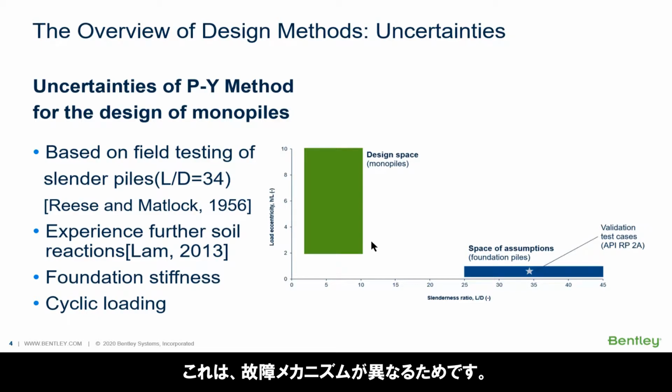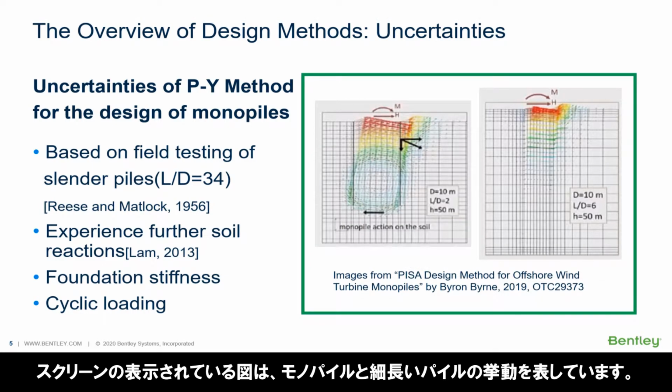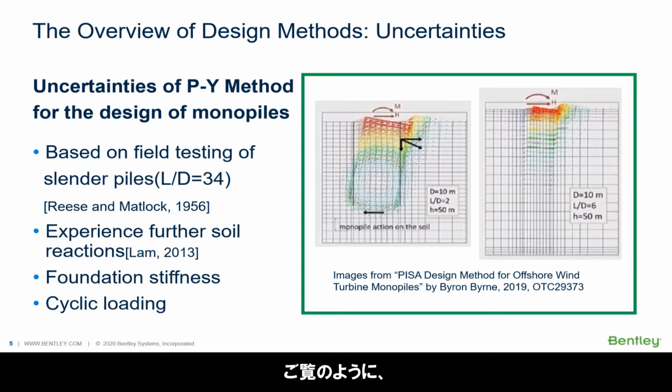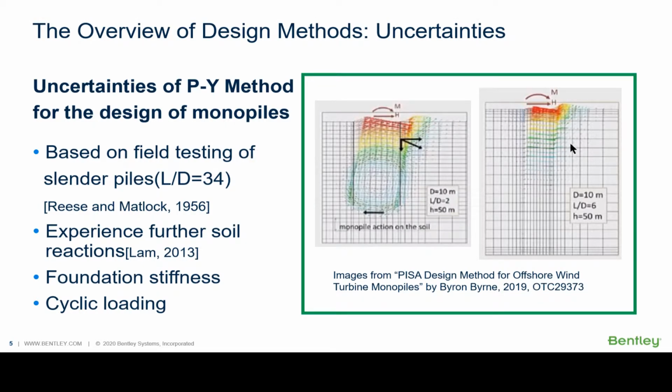This is due to the different failure mechanism. The pictures on the screen show the actions of the monopile and the slender pile. As you see, a monopile tends to show rigid body motion rather than bending.